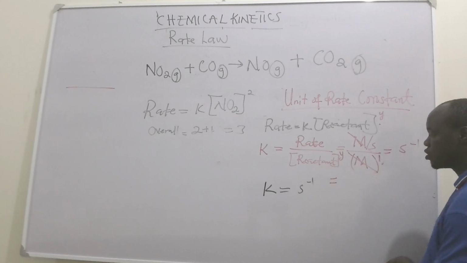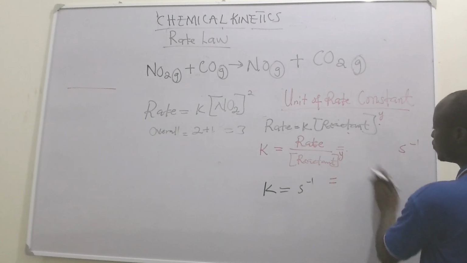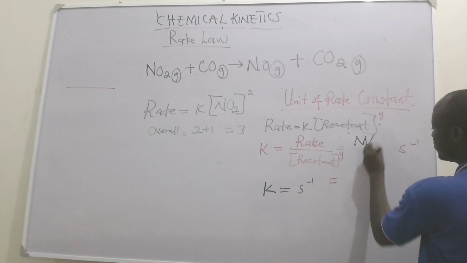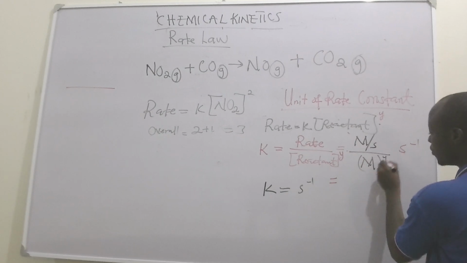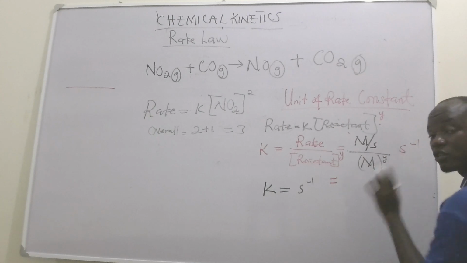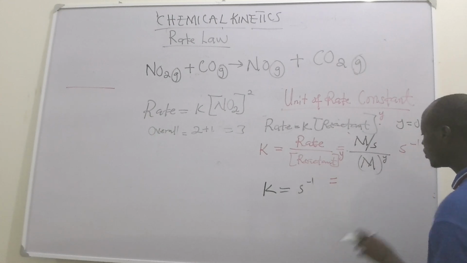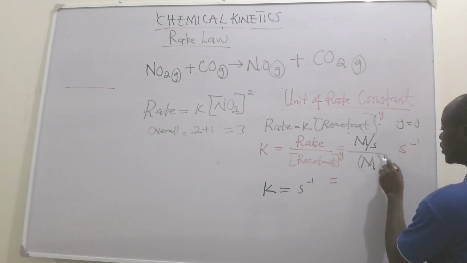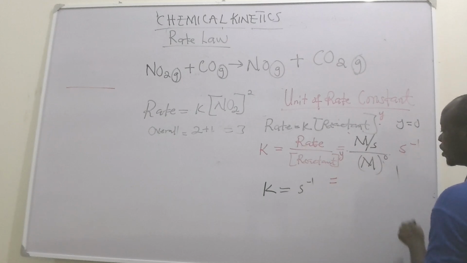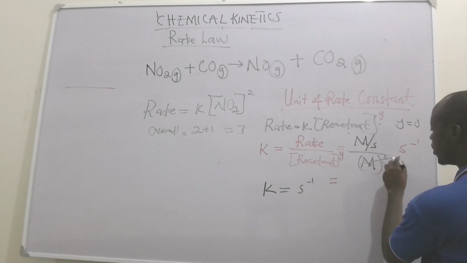But what if it is a zero order? So if it is zero order, of course from here we have molar per second divided by molar. So if it is zero order, it means that our Y is equal to 0. So here we are going to have 0 as the power. Any number raised to the power of 0 is 1. So therefore this will now take care, because here we are going to have 1.